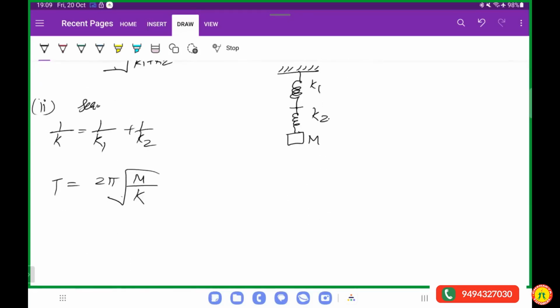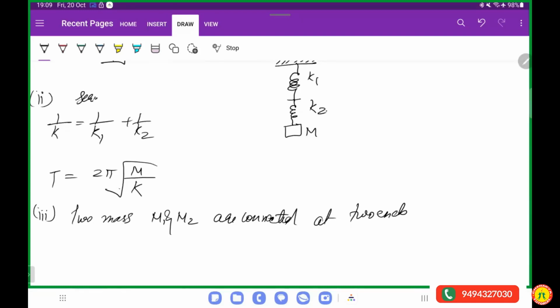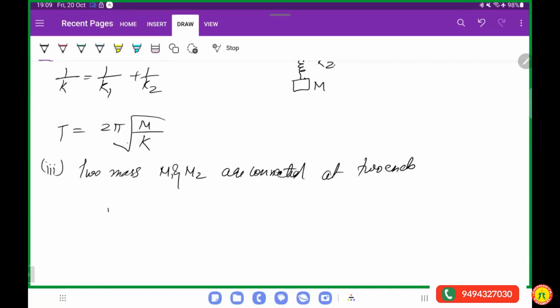Now see the third type. If two masses M1, M2 are connected at two ends, like here.